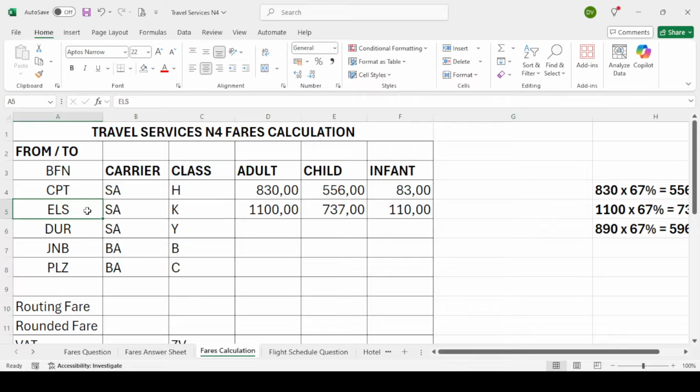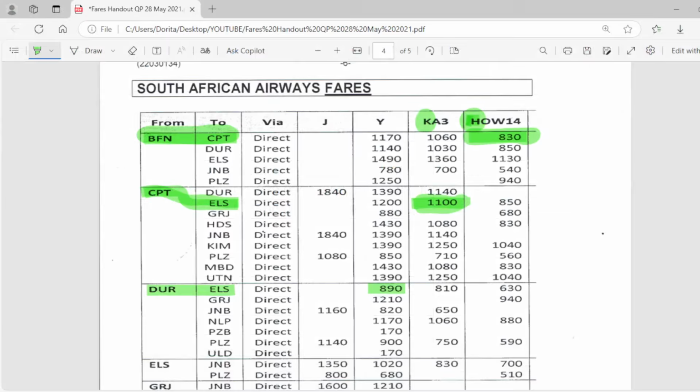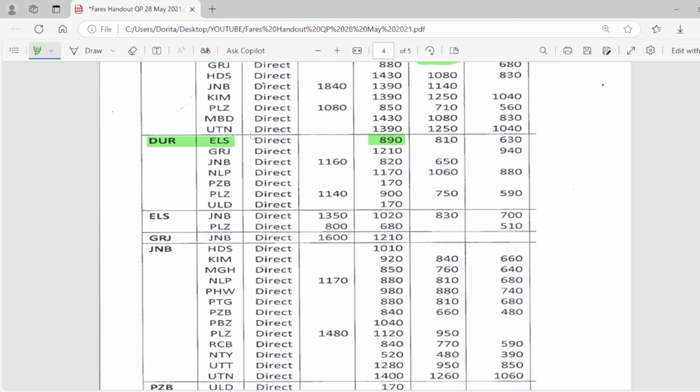Next one, we're flying from East London to Durban on SAA Class Y. You have to go and find this flight on your fares. Right, I've pre-highlighted it.